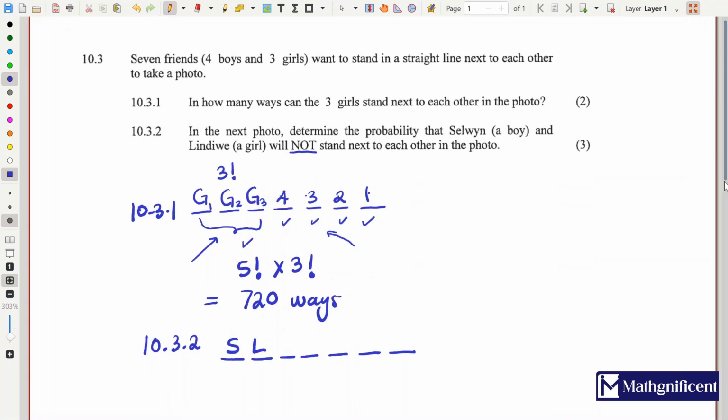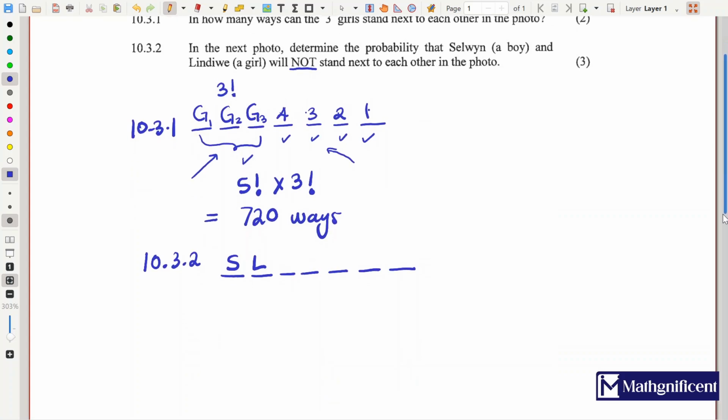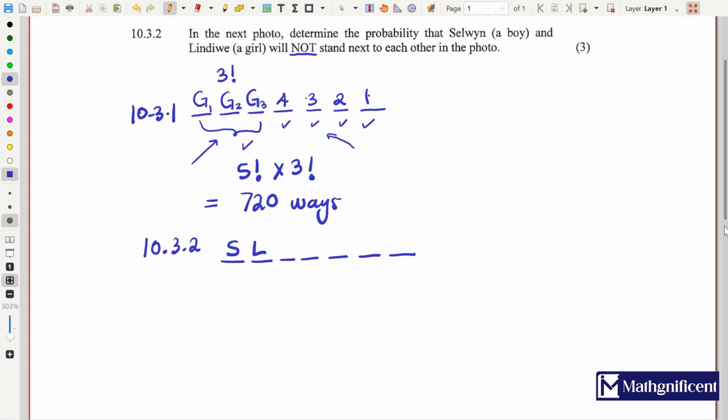Now I'm going to find the probability that the two stand next to each other. So how do I go about this? Remember, I want to treat S and L as a group. Lindy can be the first one or Selwyn can be the first one, so they can be arranged in 2 factorial ways.